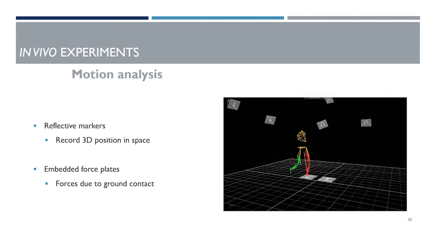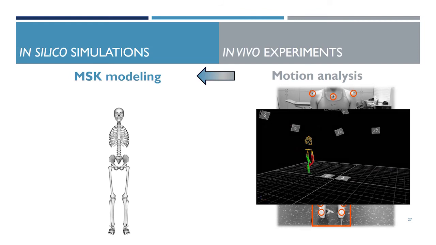Here you can see how the movement of the subject is measured together with the interaction forces between the subject's foot and the ground. This information documents the subject-specific movement characteristics and potential movement compensations. The subject-specific motion analysis results are combined with a MSK model to calculate the internal joint force during movement.